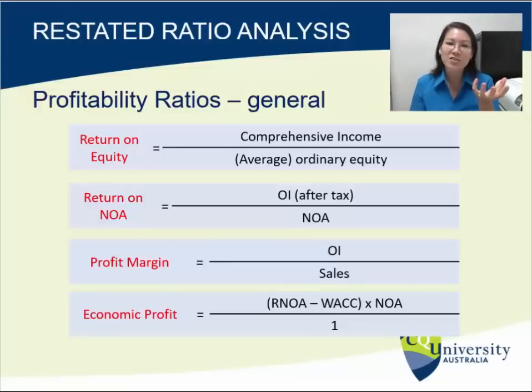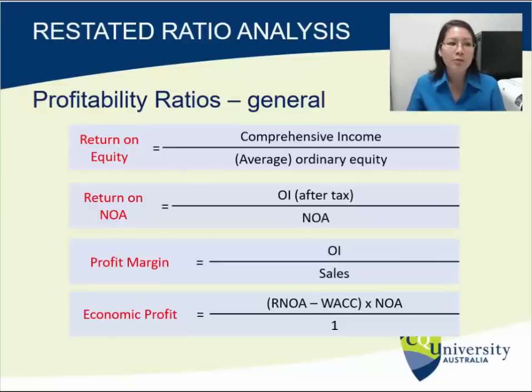Our original financials were how our companies presented them, and our restated financials are restated in terms of operating and financing. So the ratios I've just been through are based on our original financials, and the ratios I'm about to go through now are based on our restated financials. So we should be able to see the difference between the same ratios using different financial statement figures, and hopefully glean some further insights from that.